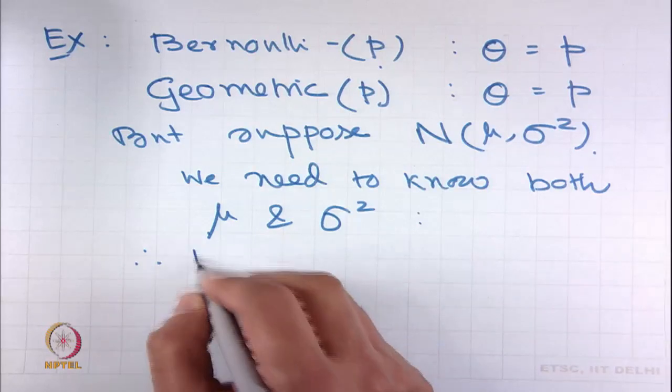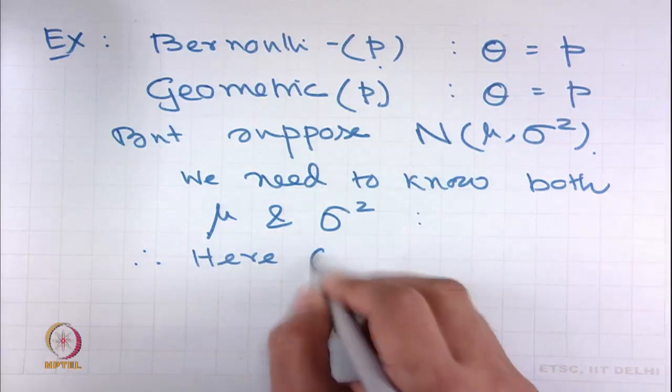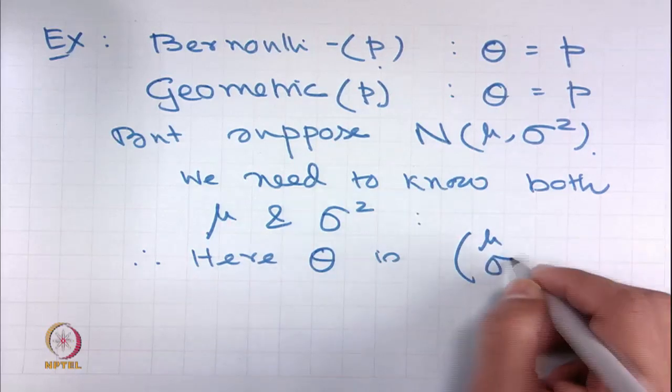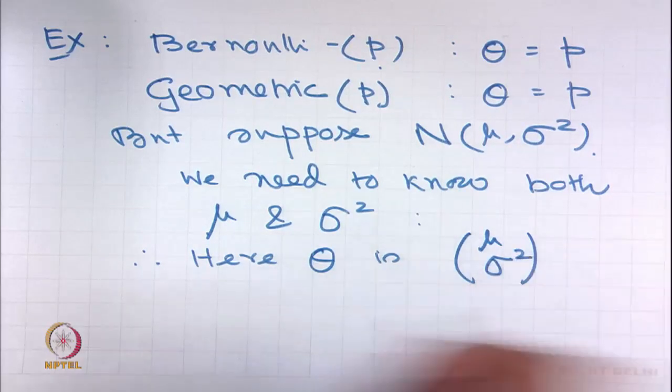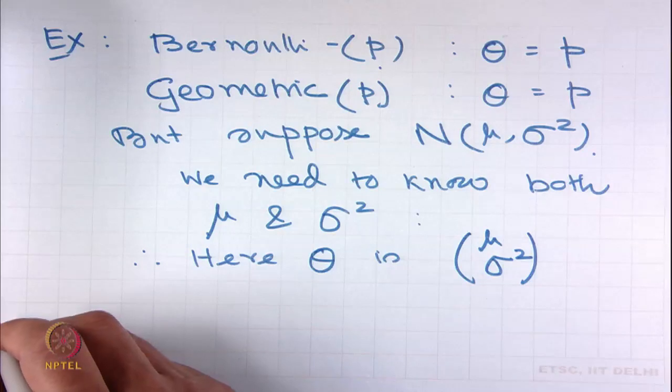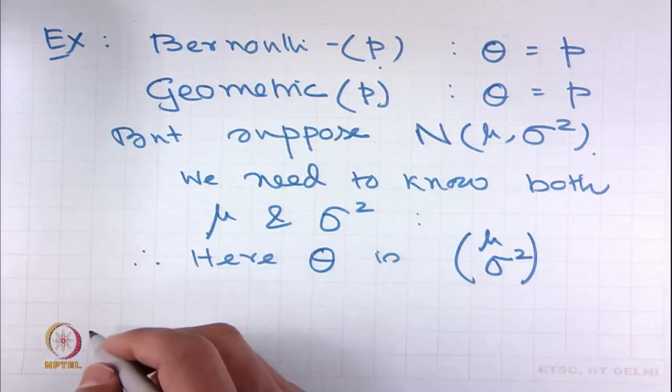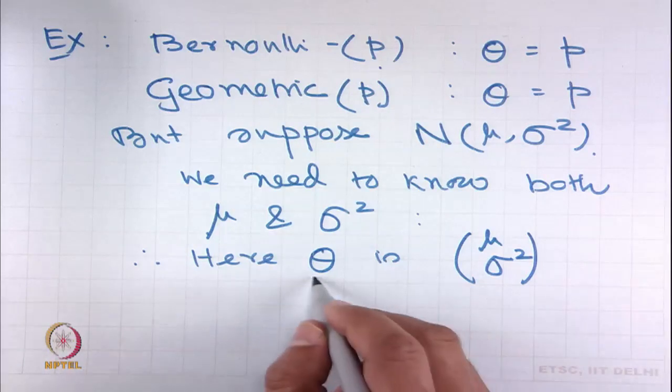Therefore, here theta is mu, sigma square. Or in other words, we are looking at a bivariate parameter.